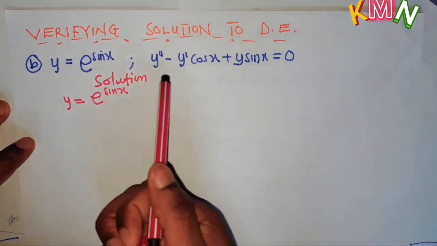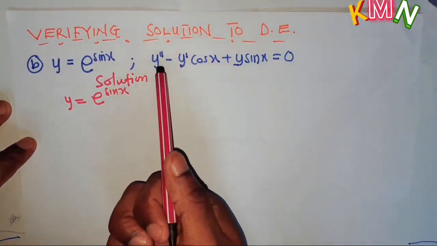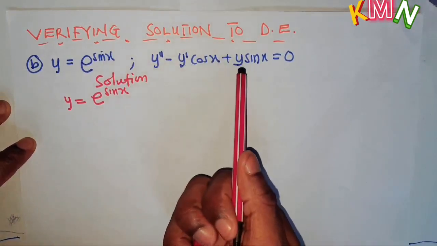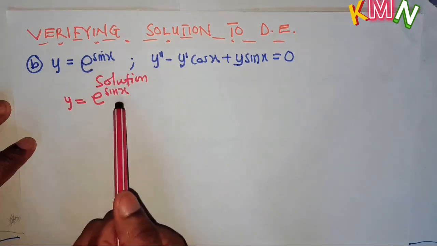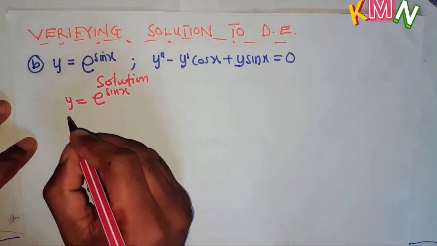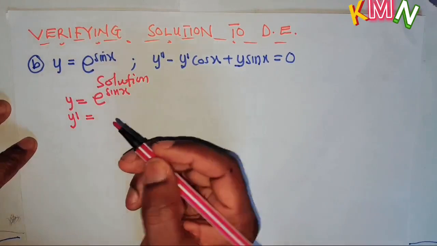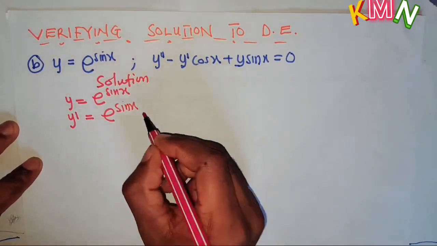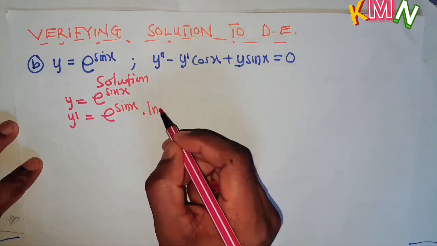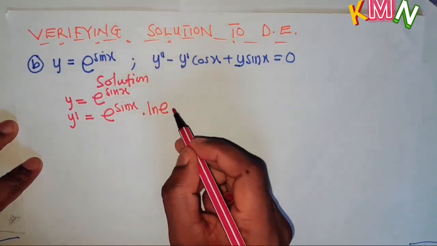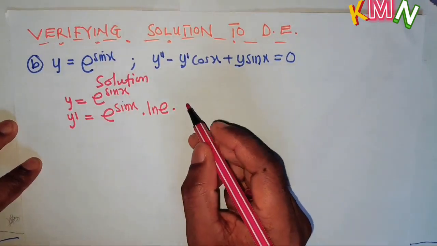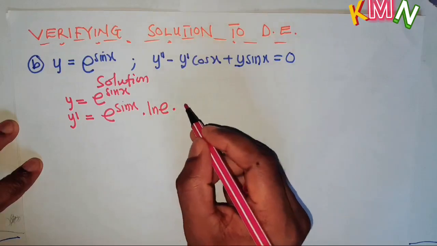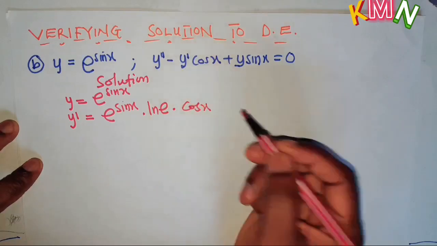When you see from the differential equation that we need to get our second derivative, then our first derivative, and our dependent variable. Already the dependent variable, we have it. So we need to get this and this. So our first derivative is, we first of all need to maintain the function times the natural log of the base, so we're going to get ln e, then times the differential of the function within the function, that is the exponent here, and that is cosine of x.